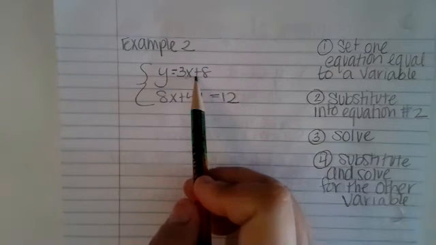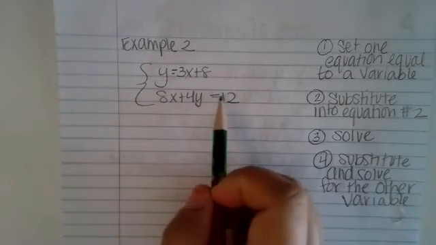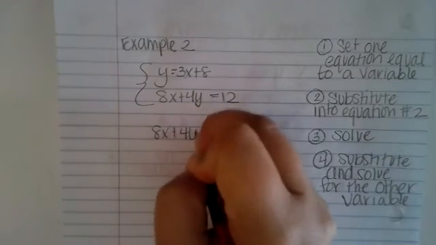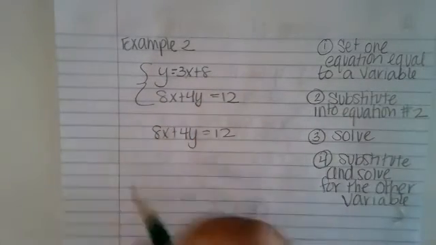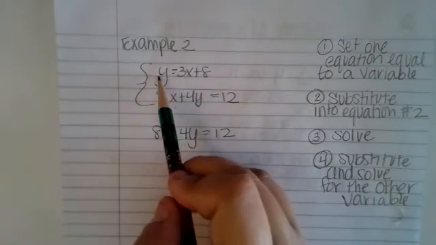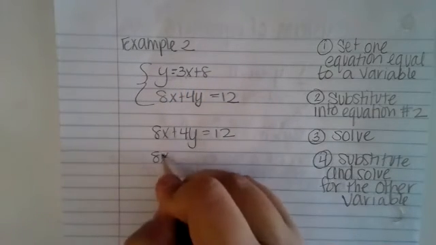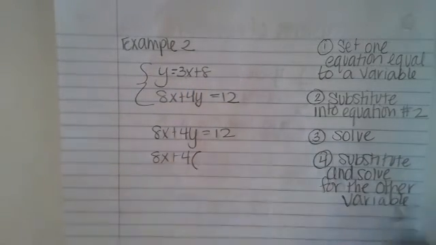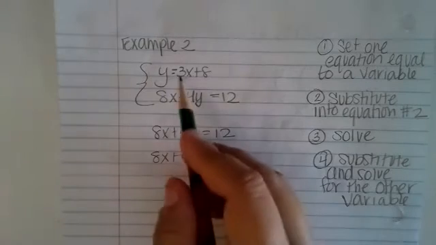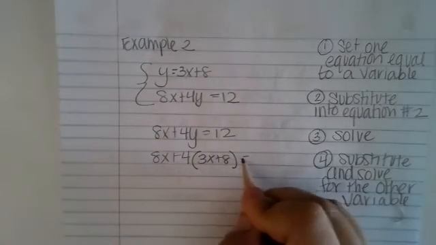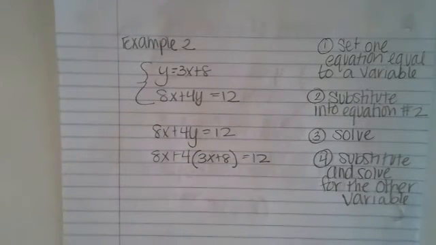So now I'm going to take my other equation, 8x plus 4y equals 12. And this up here says y is the same as 3x plus 8. So instead of having y, I'm going to put 3x plus 8, so 8x plus 4 times (3x plus 8) is equal to 12.